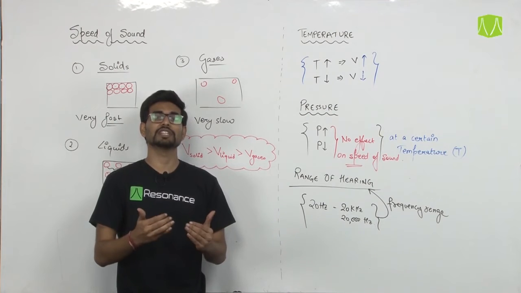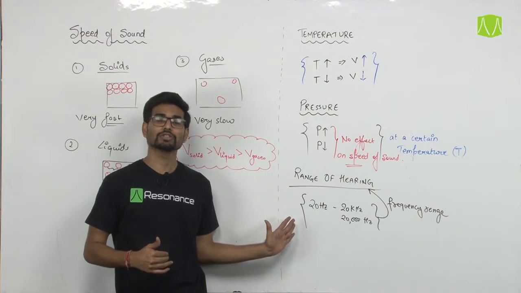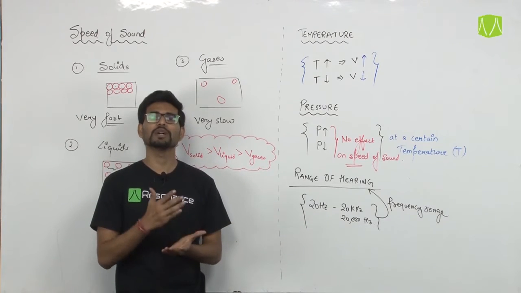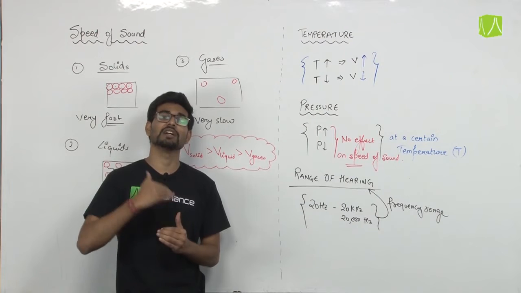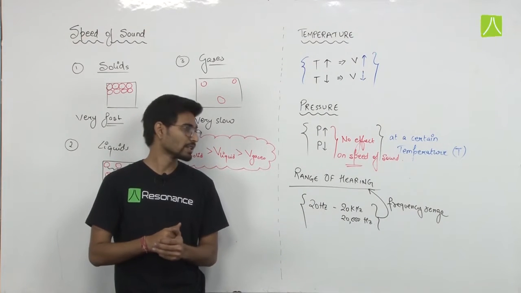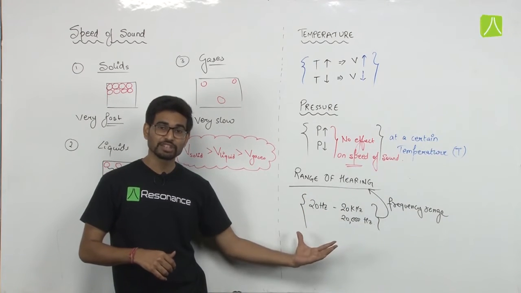There are some birds which can listen below 10 hertz also. So it depends from animal to animal. Some animals can listen to more than 20 kilohertz, some can listen to less than 20 hertz also. This is known as the range of hearing.